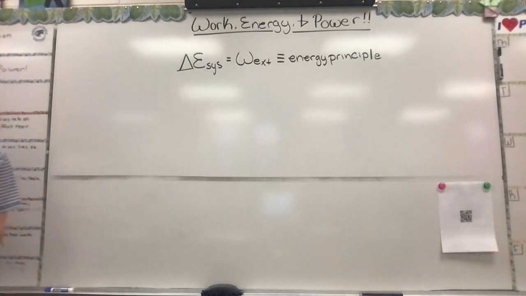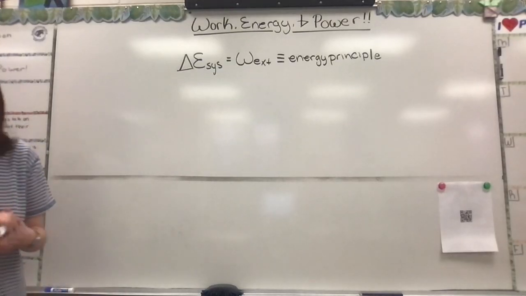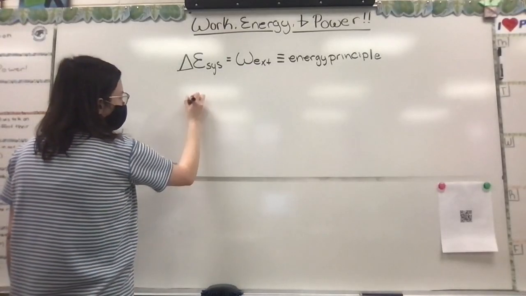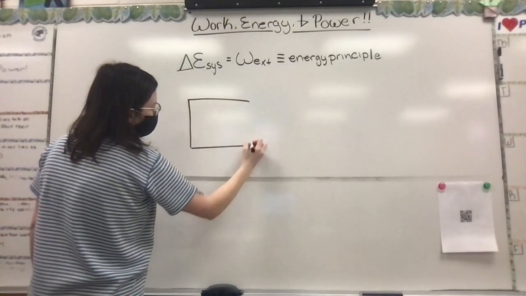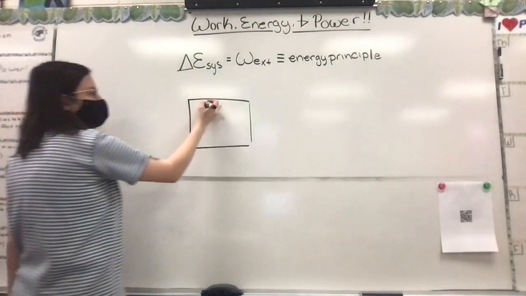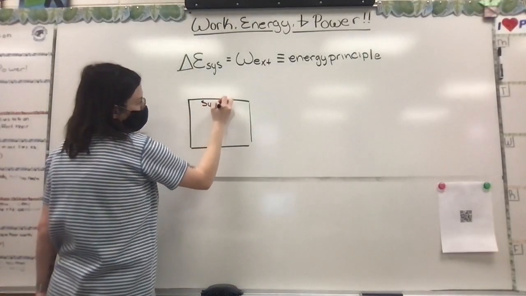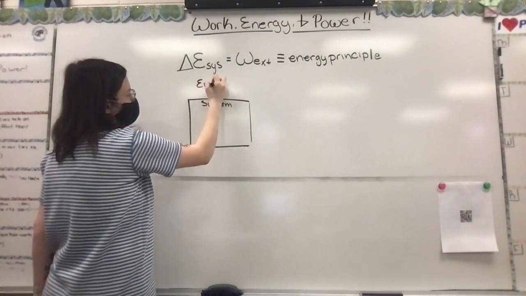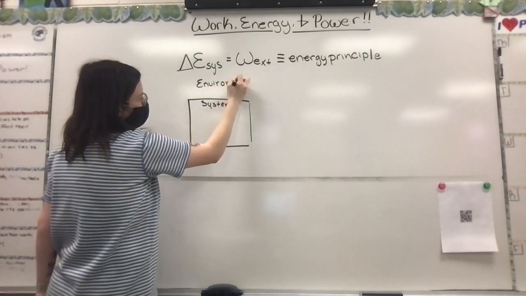So we're going to be using a basic energy model moving forward, okay? Let's say we've got a box. The box is considered our system, and everything outside of the box is considered the environment.